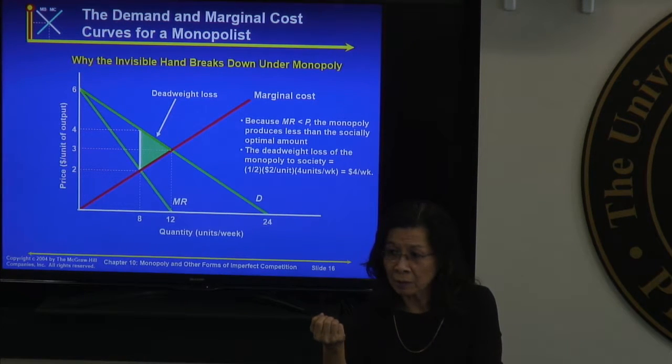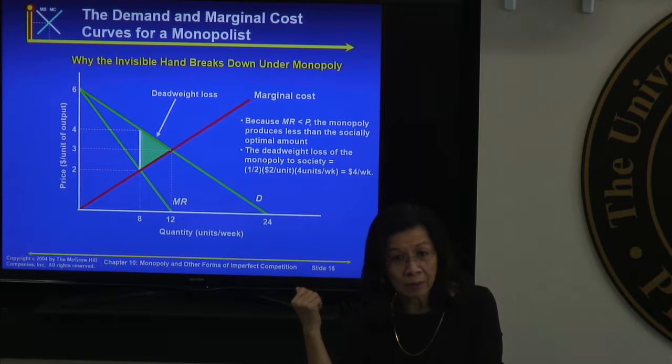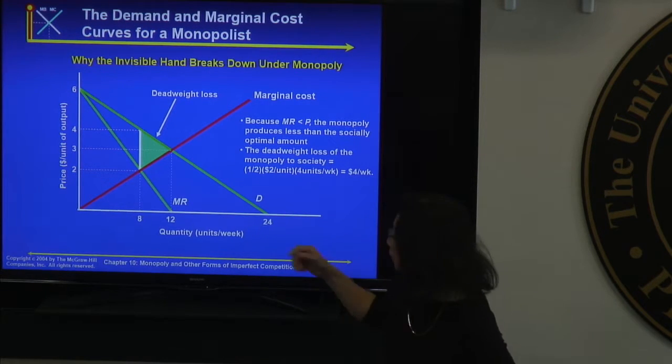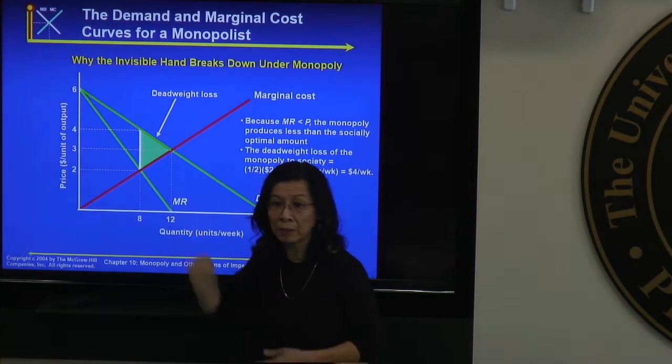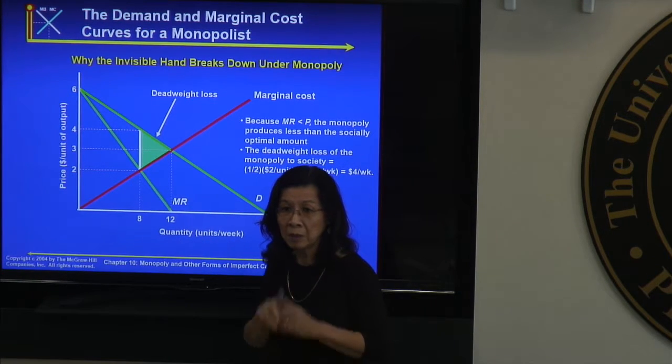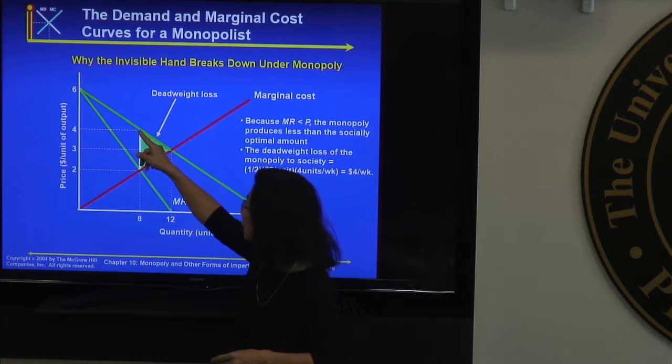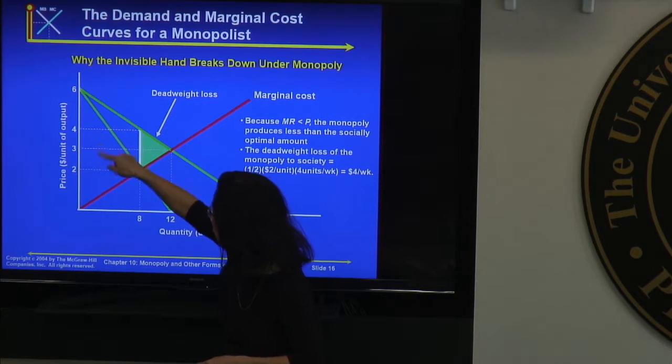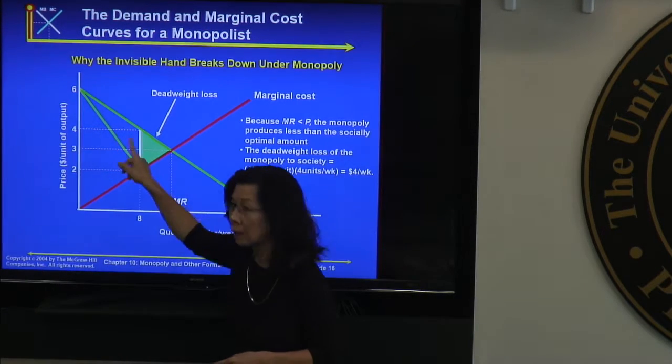Why is it inefficient? Because you have a deadweight loss. You're not maximizing your total economic surplus. Whereas with perfect competition, this whole triangle is your total economic surplus. But with monopoly, your total economic surplus is consumer surplus plus producer surplus.